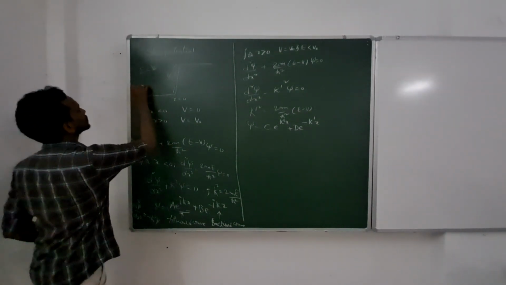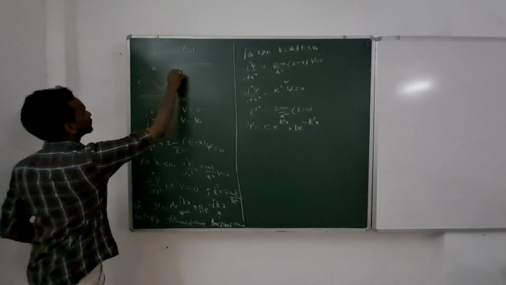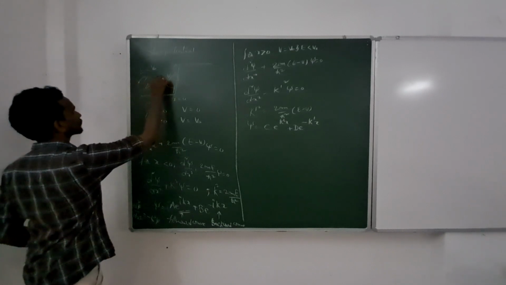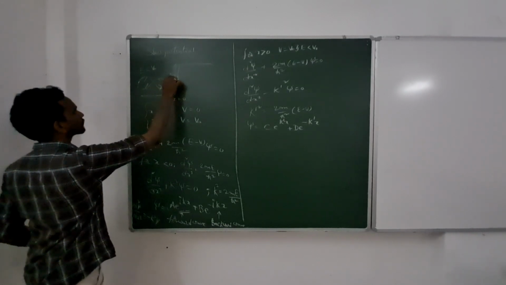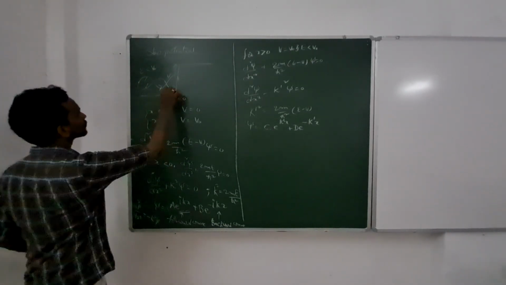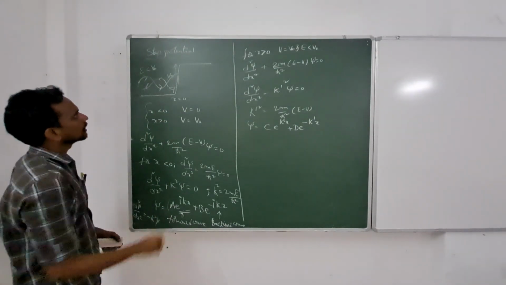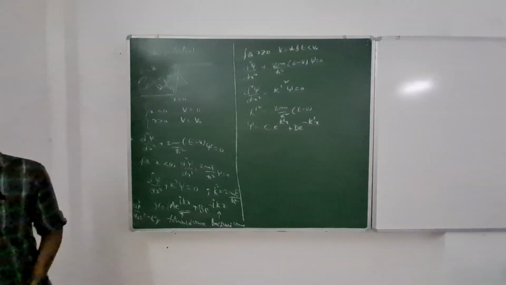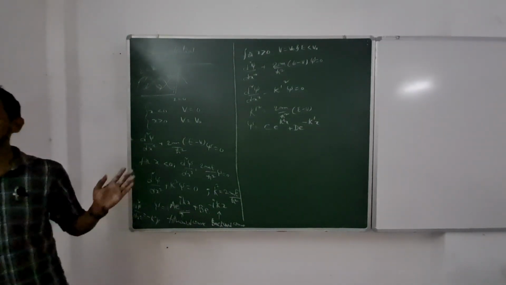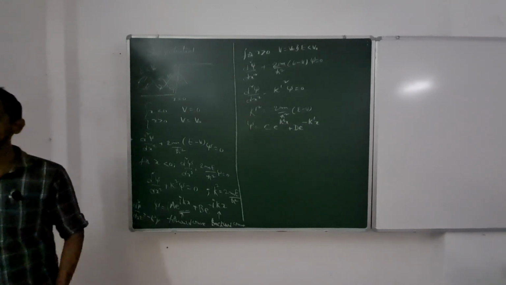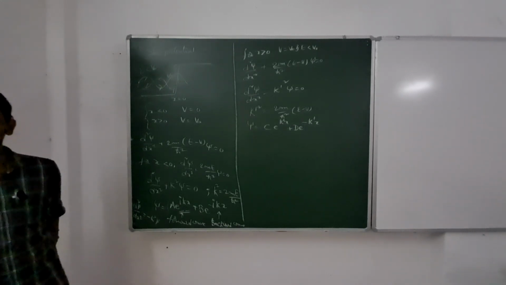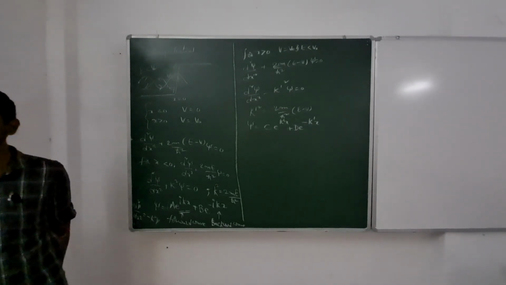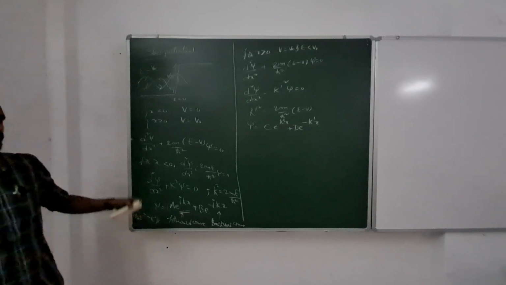Right. So in the first region, we are considering there is an incident wave and there is a reflected wave. And in the second region, if at all the wave enters, there will not be any reflected wave. There is only a forward moving wave. And that too, I should say it is a decaying wave. It will not enter at all.